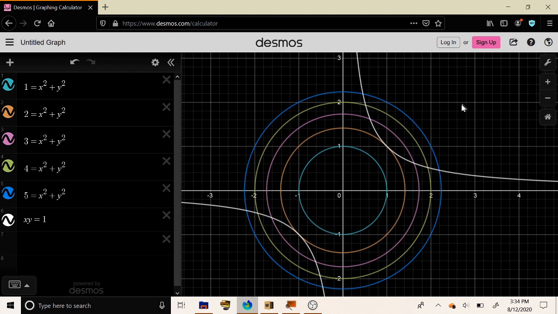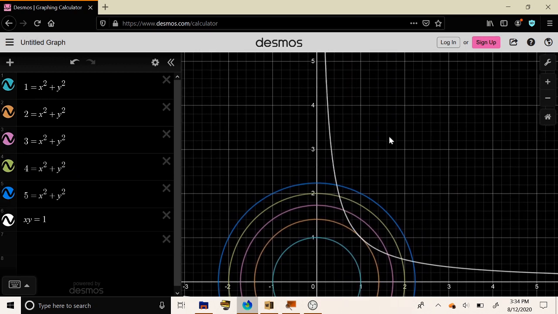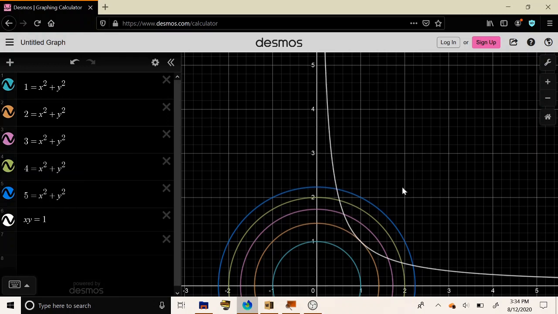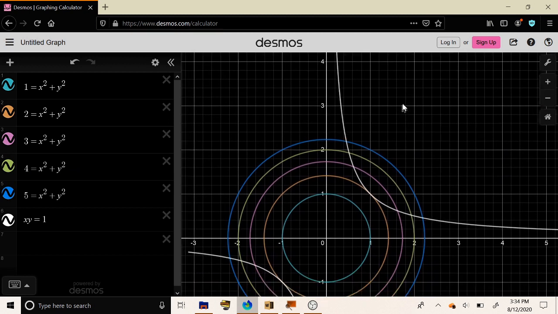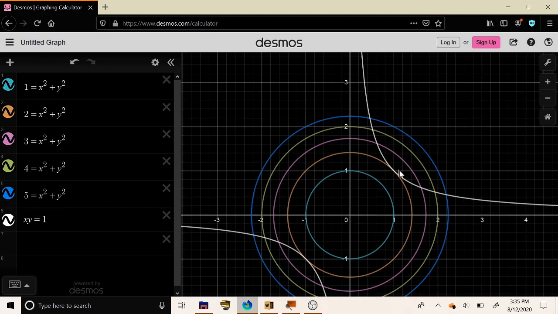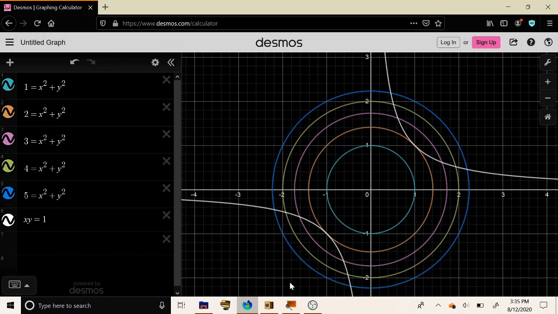As we move along the constraint curve further and further away from the origin, the value of our function is just going to keep growing without bound. So there is no highest topmost value that we're going to get from the function f of x, y. The function will just keep growing and growing as we move further and further out on this constraint curve.